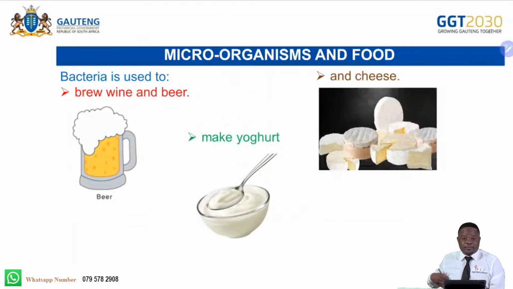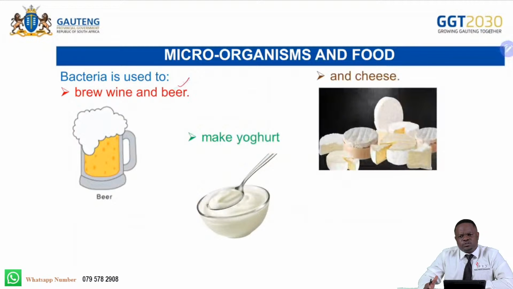Remember, in fermentation we have the conversion of carbohydrates, and when we convert carbohydrates, we can convert them into acids, alcohols, and carbon dioxide. So when we are making beer, we need yeast, which is a microorganism.